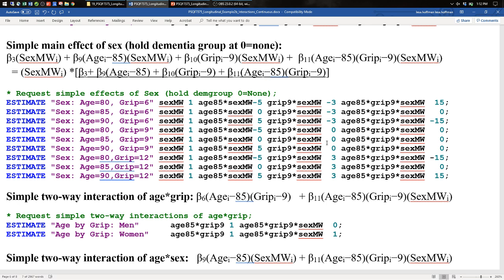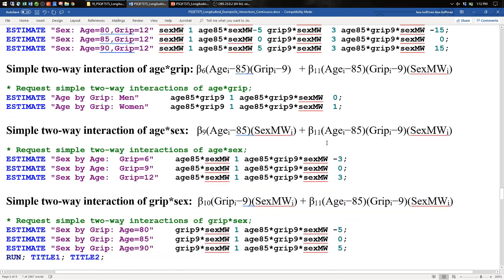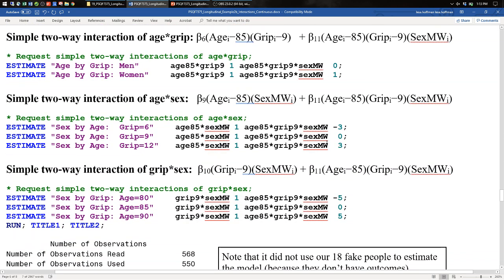Good so far? Okay, now the new part. Simple or conditional two-way interactions. So age by grip is the first one. I've asked for the age by grip interaction for men and for women. Which one of these is already given to me as a model coefficient?